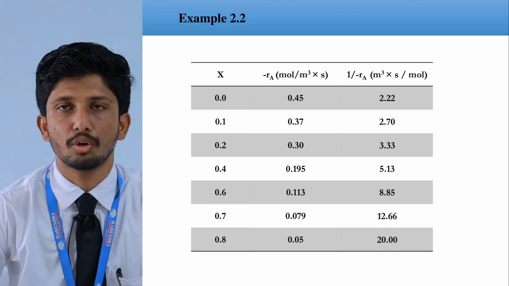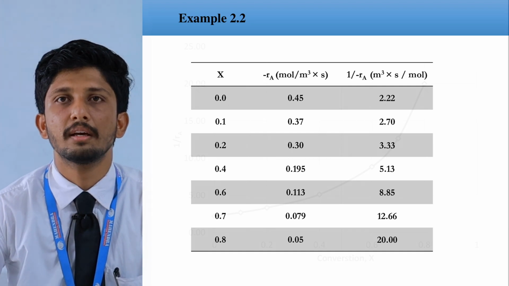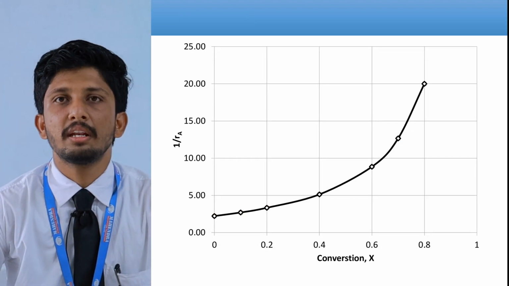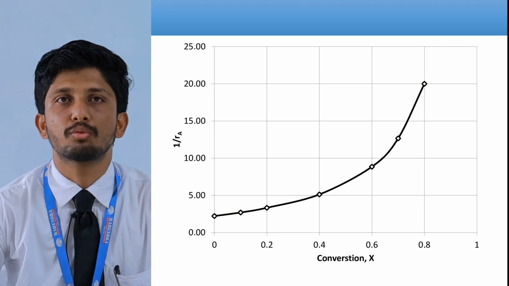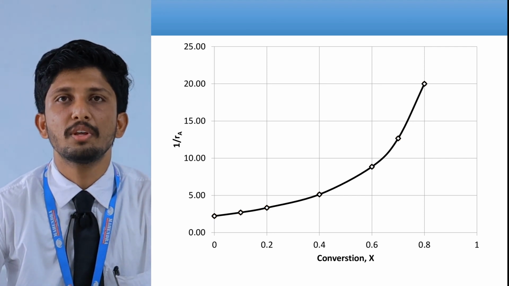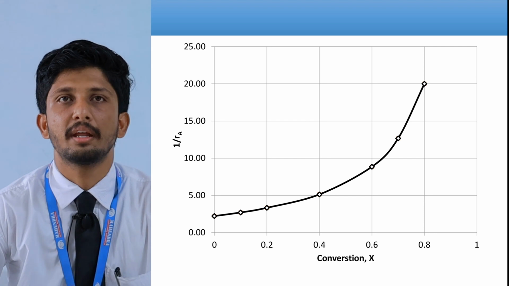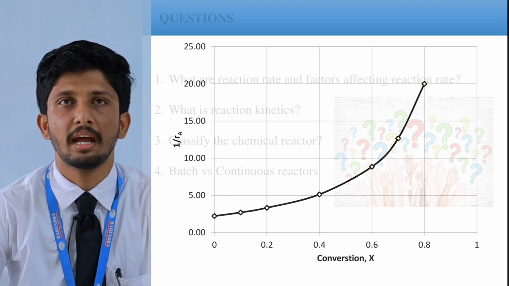This is the graph we get by plotting conversion against 1 by minus rA. We can get a linear slope. From this slope, we can estimate the necessary volume changes, conversion, etc.